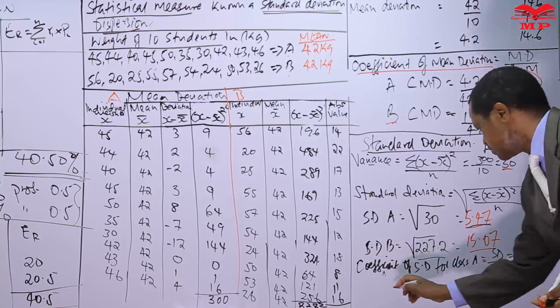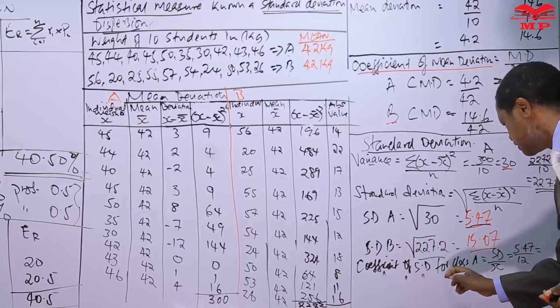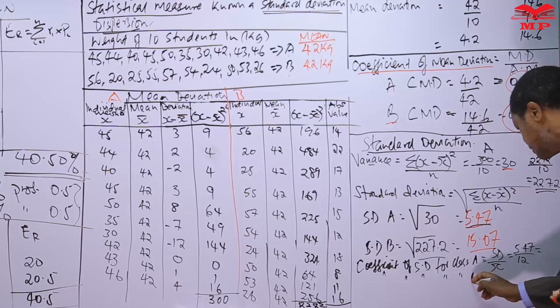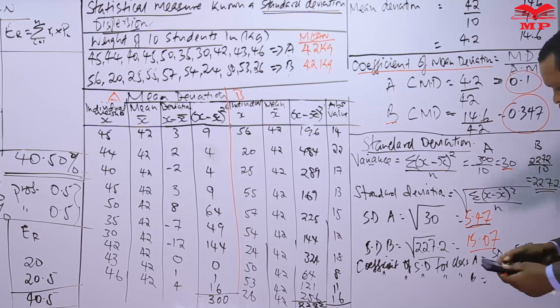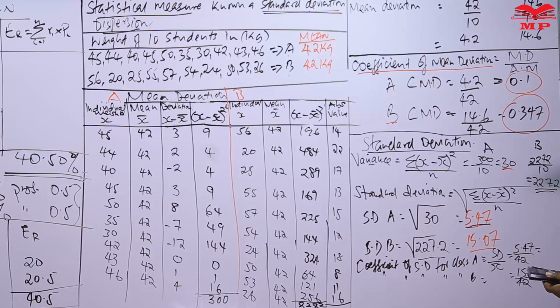Then the coefficient of standard deviation for class B will be equal to 15.07 divided by 42. It's not 12 but 42. The mean is 42. Taking the calculator, 5.47 divided by 12 is equal to 0.13.